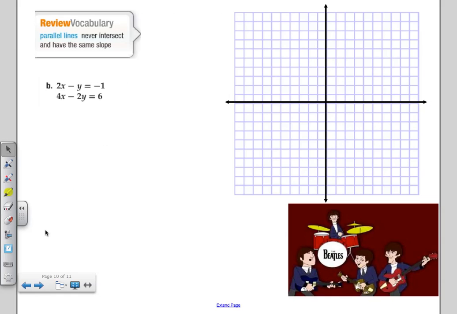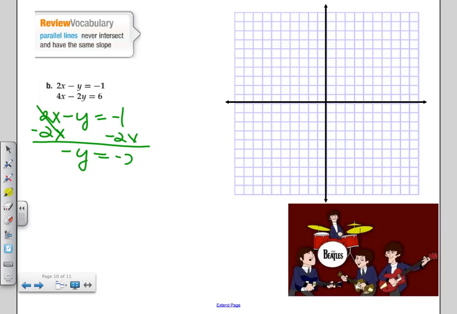Here, let's try another one. All right, 2x minus y equals negative 1. So now we're going to have to put it into slope-intercept form. So minus 2x on both sides, and we get negative y equals negative 2x minus 1.